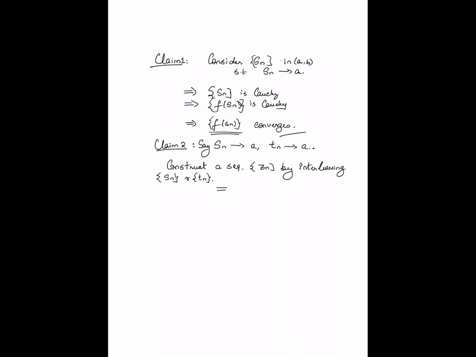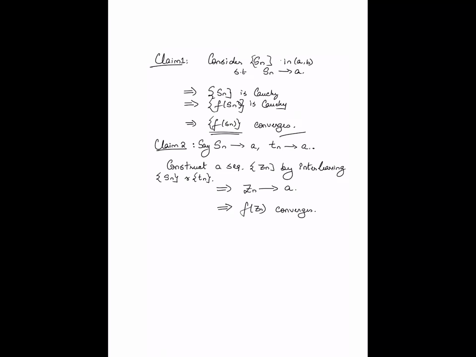It is not difficult to see that since Sn and Tn tend to A, Zn must also in fact tend to A. Which implies from claim 1 that f of Zn converges. But interestingly, you will see that both f of Sn and f of Tn are in fact subsequences of f of Zn.